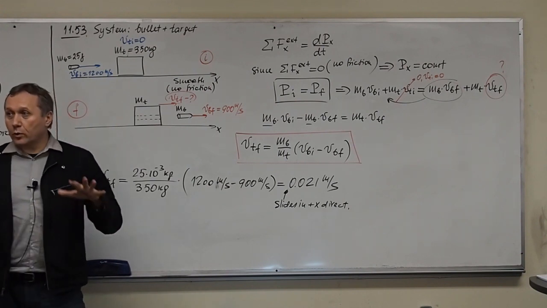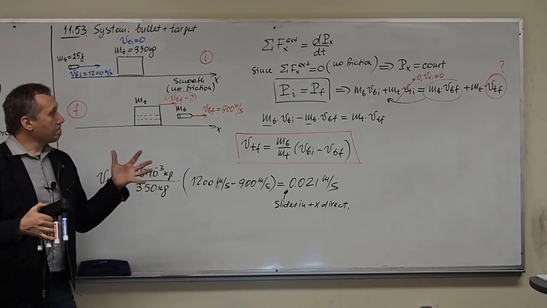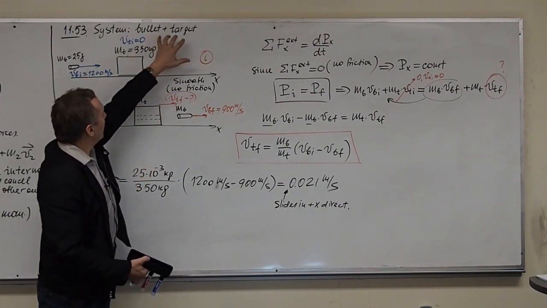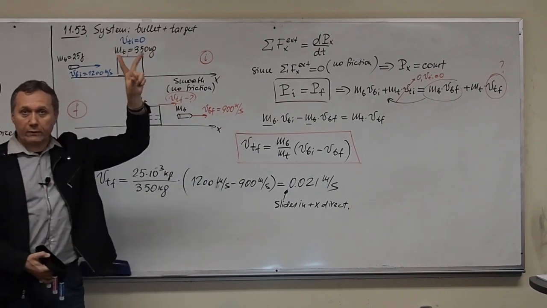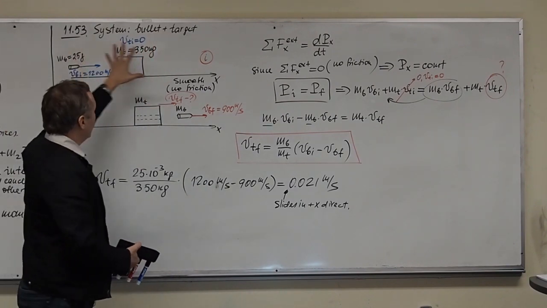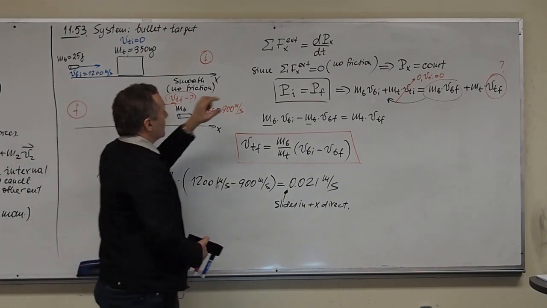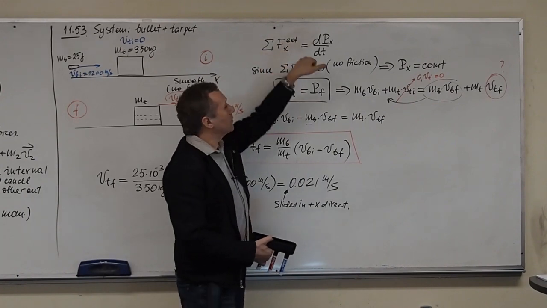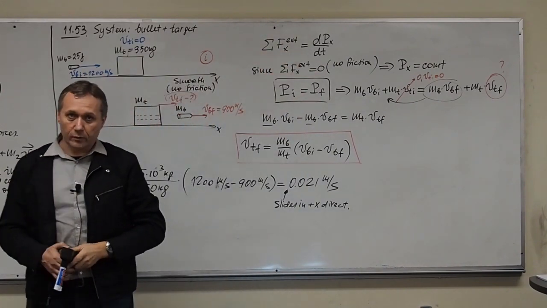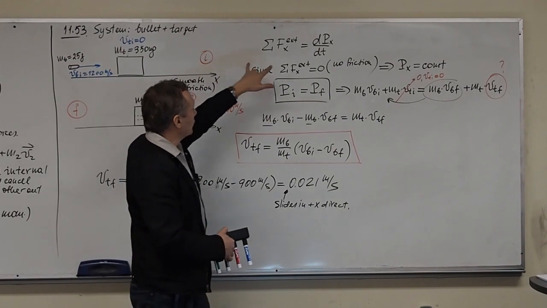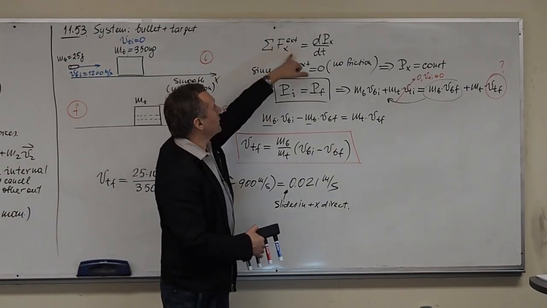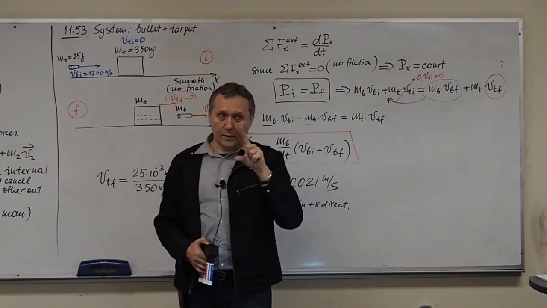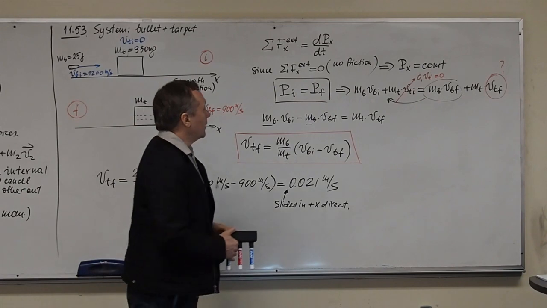Okay, again, for all these three problems, the structure of the solution is exactly the same. First I identify the system, every time we have two objects. Then I draw the pictures. Then I analyze the external forces acting on the system, and every time it was external forces in the x direction. If the net external force in the x direction is 0, then the total linear momentum in the x direction is preserved.